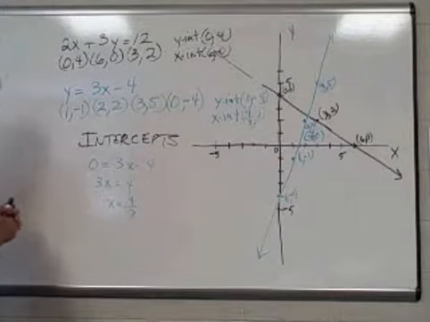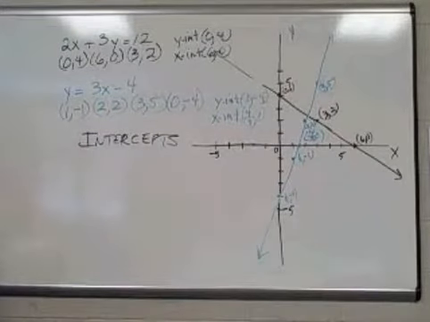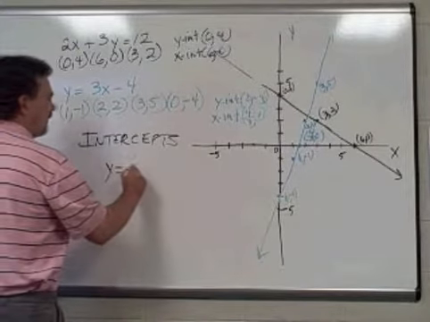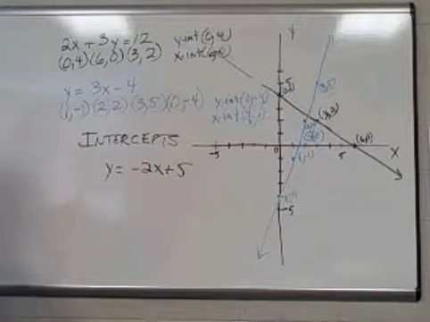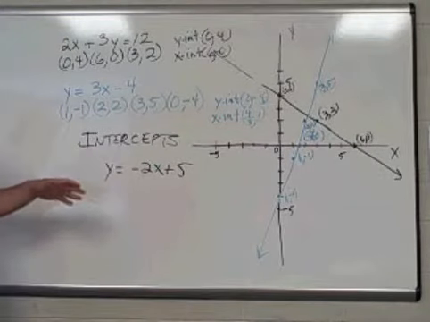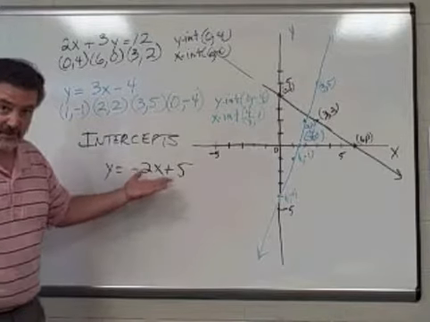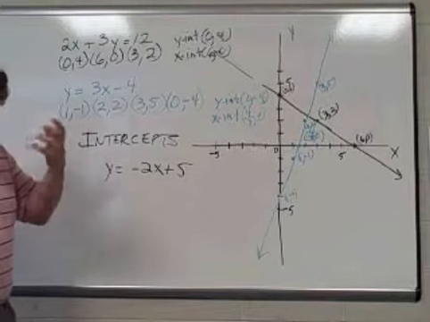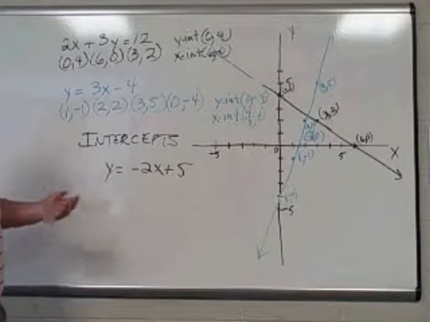So if we had a linear equation in two variables that looked like this, y equals negative 2x plus 5. This is in that form, which I called the slope-intercept form in a previous video, and that's the reason it's called the slope-intercept form, is because one of the numbers that stands out to us is the y-intercept.